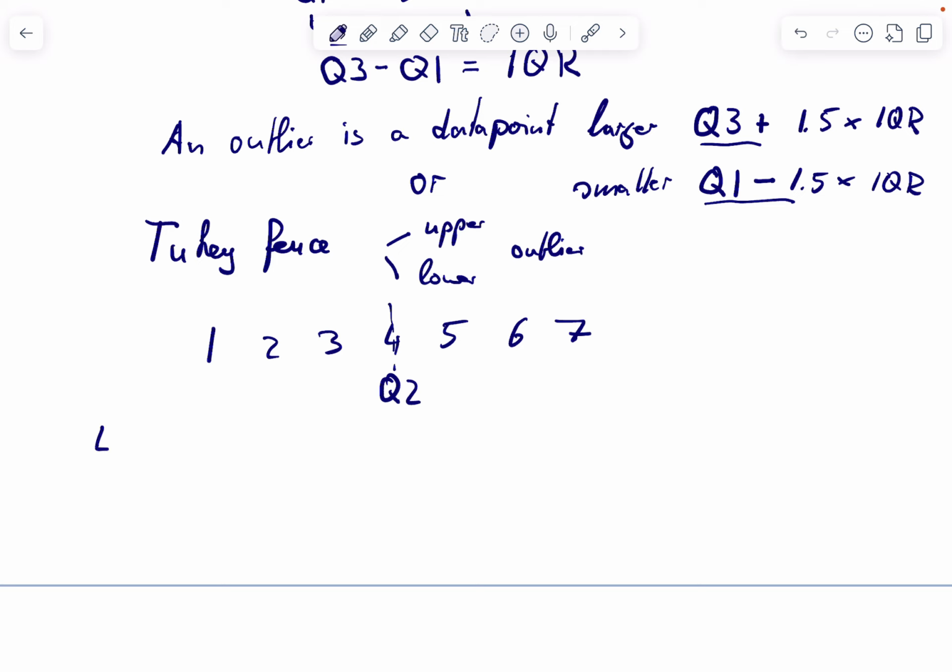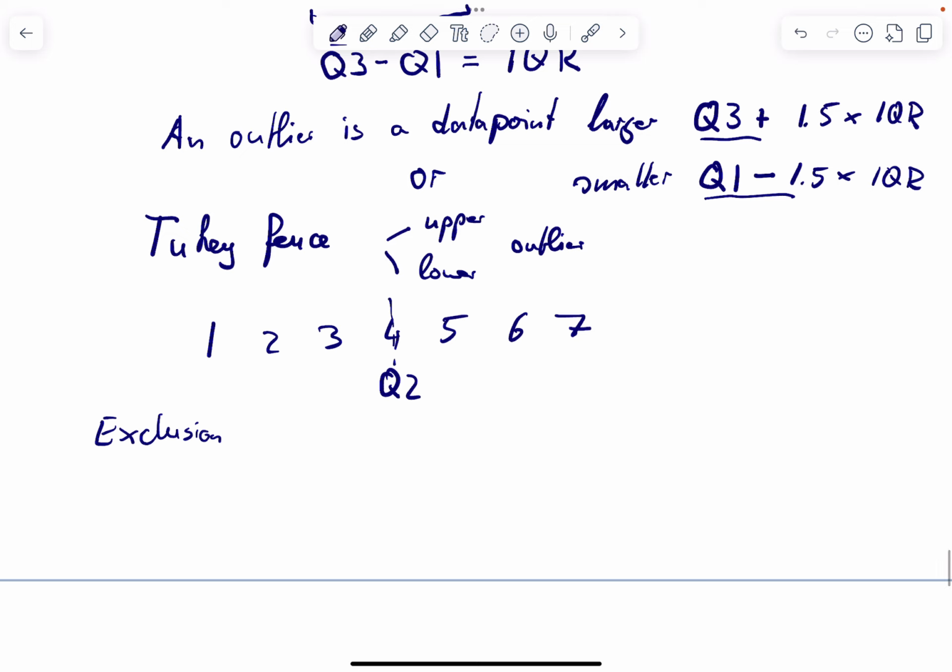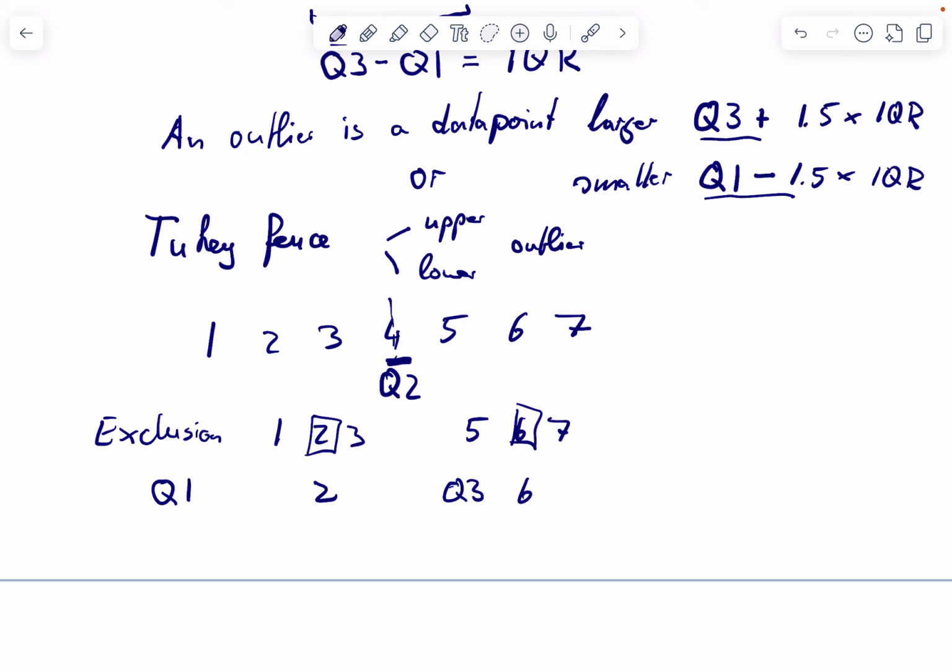Let's use the exclusion method. The exclusion method will not use the Q2 for the calculation, so it will just use 1, 2, 3 and then 5, 6, 7. For Q1, the lower median, we get 2, and for Q3, the upper median, we get 6.